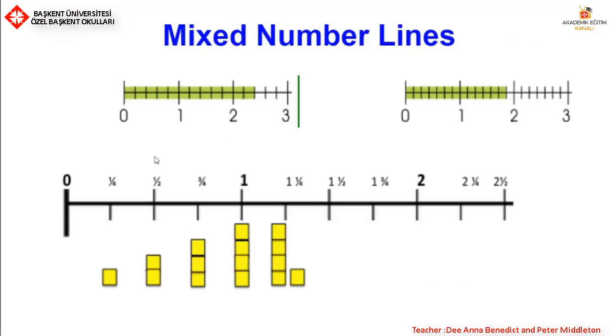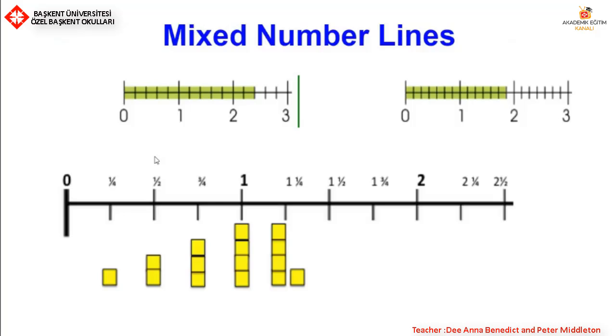Here you can see mixed number lines, and we can use blocks to help us here. So it shows you numbers that are more than 1, more than a whole number. So on the bottom, you can see that there is the number 1¼. We can put this on the number line.